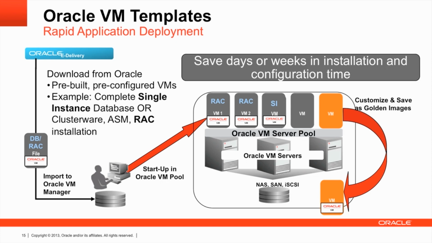So in this case, we're talking about database, whether we're talking about the need to deploy a single instance or Real Application Clusters, which is typically called Oracle RAC. So that complexity of having to deploy a 2-node cluster, 4-node, or whatever the size of your data center is, is completely pre-built, pre-encapsulated in a template, and that's the Oracle VM template for Oracle RAC.